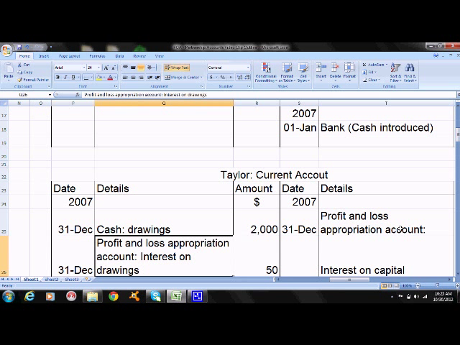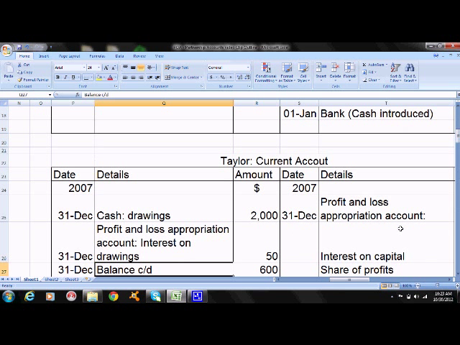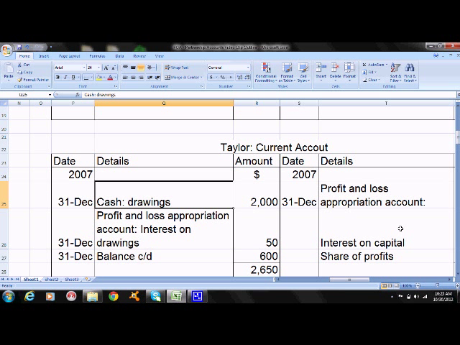Then we would debit the current account with the interest and drawings. So with our profit and loss appropriation account, interest and drawings, $50. This comes from the appropriation account. So in the appropriation account, remember to focus on the interest and drawings. We debit the interest and drawings in the current account, right?